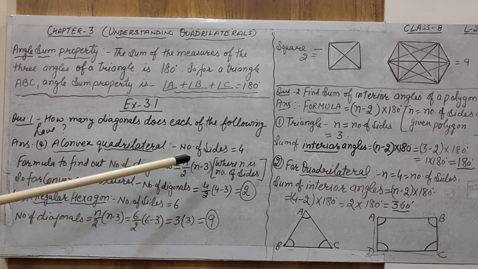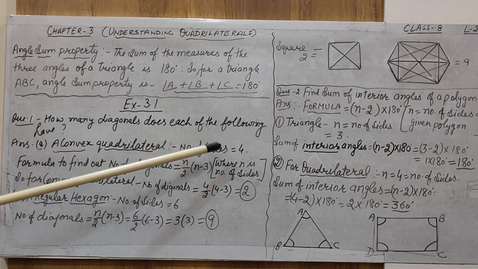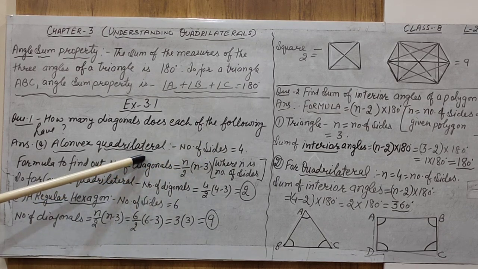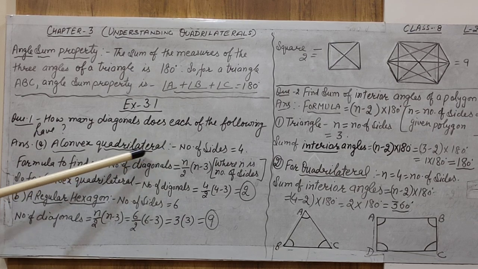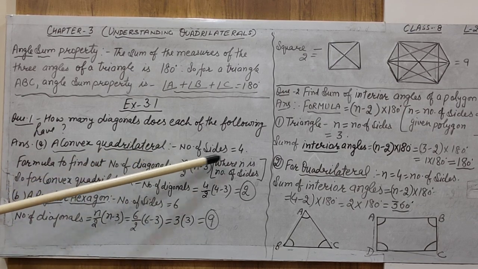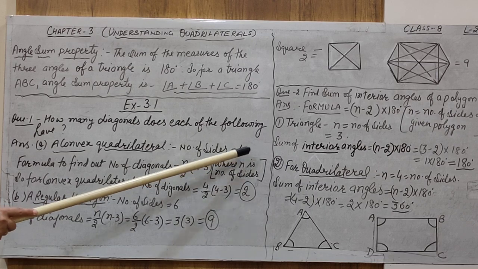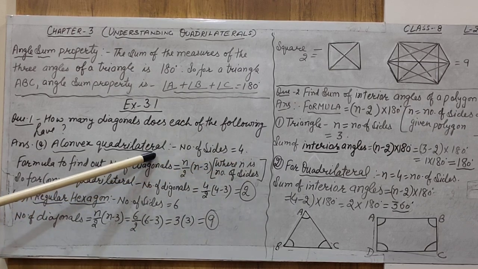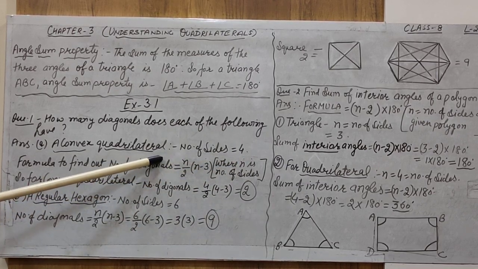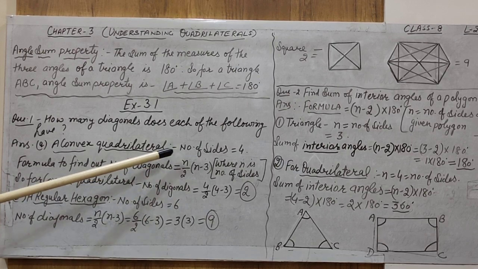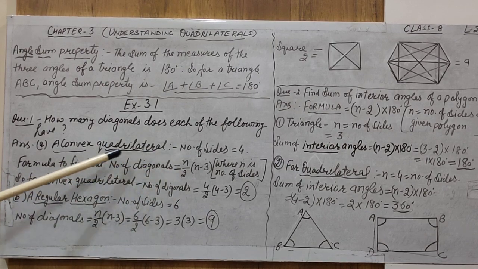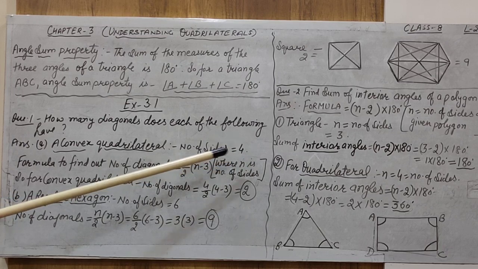Now, first of all, we have to consider the number of sides of the given polygon. As you know from the classification of polygons, a quadrilateral has 4 sides. Whether we take a square, rhombus, rectangle or trapezium, in all quadrilaterals the number of sides is 4.